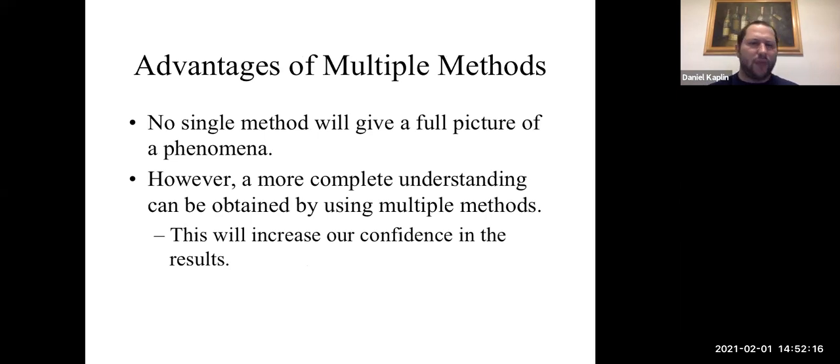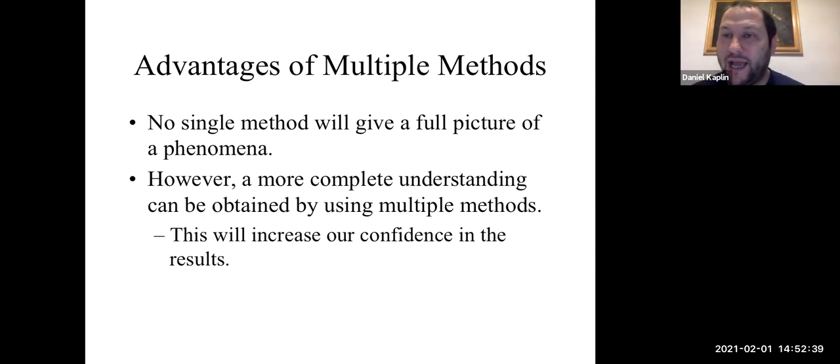So, as we've said before, similar to operational definitions, there are many ways to define a variable. There are many ways to study a variable, many designs. So no single method, whether it be an experimental method or a non-experimental method, is going to give you a full picture of a phenomenon.